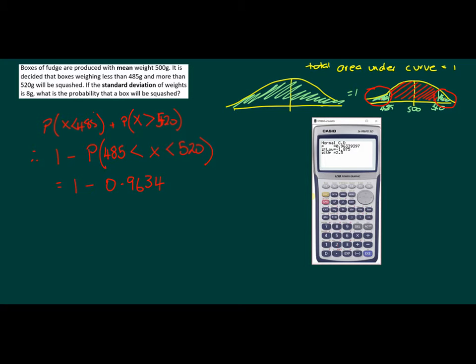We press the menu button, go to the run screen, and we go 1 minus 0.9634. There we go, and we end up with 0.0366. That's our probability.